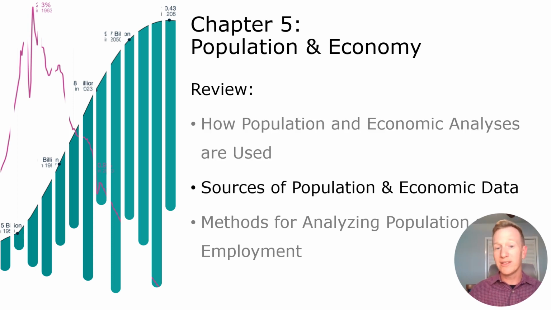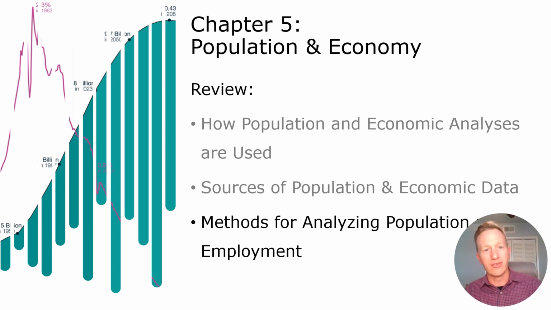In terms of sources, this is the short part. There's only three. There's federal agencies, there's state agencies, and then there's some other nonprofits or even your local jurisdiction that might have some good data for you. And then in terms of methods for analyzing population and employment, we talked about enumeration. So that's just counting every single thing. Doing a sample survey sounds like what it is. It's just a survey where you take a sample and try from there to extrapolate that into a larger number.